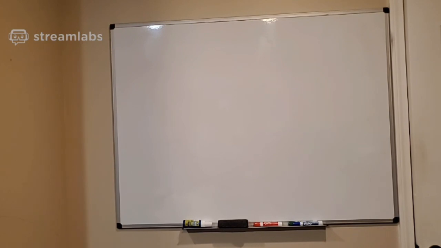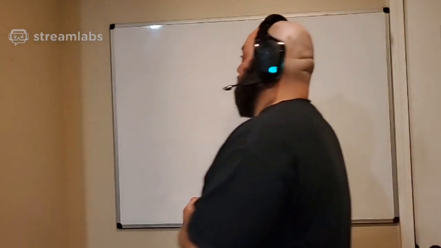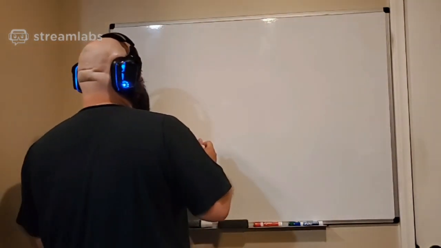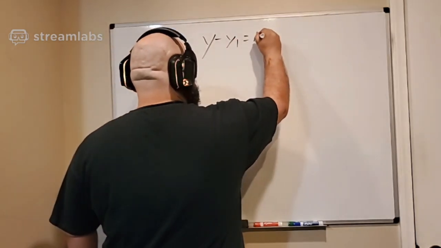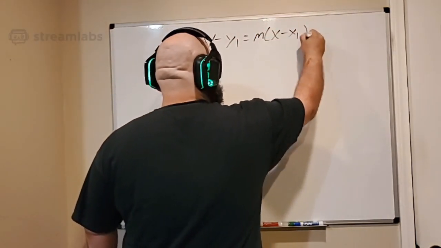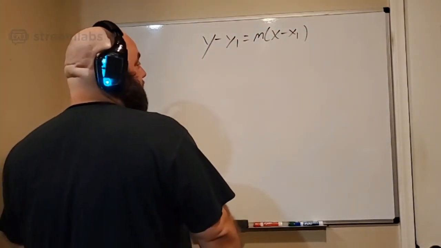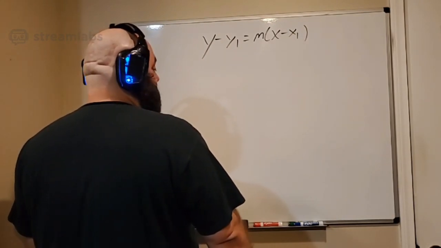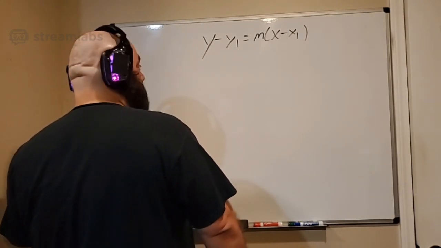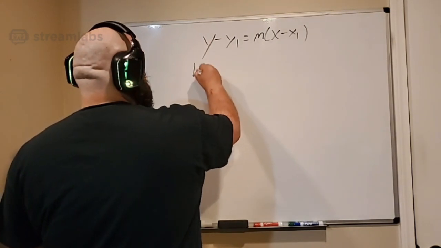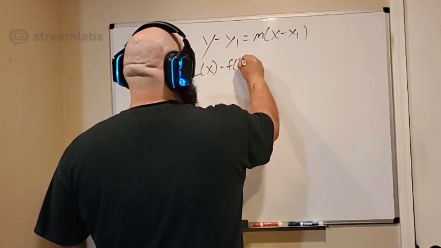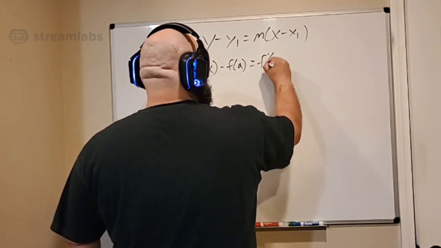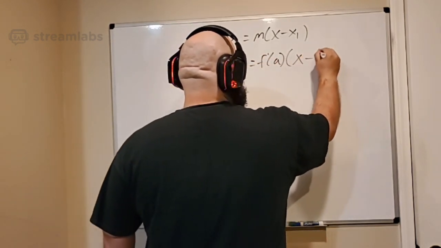Let's make it easier: y minus y1 equals m times x minus x1. If you want to remember the fancy form, this is L of x, this is f of a, this is f prime of a, and this is x minus a. Then you can move the f of a over if you want to. That is your fancy line.